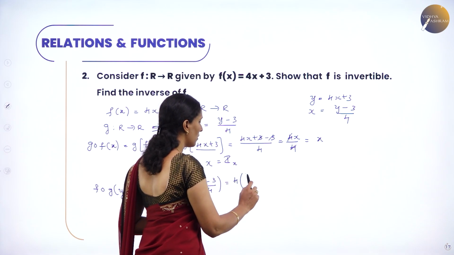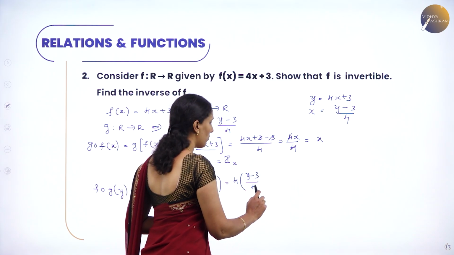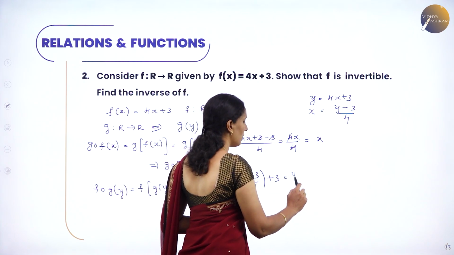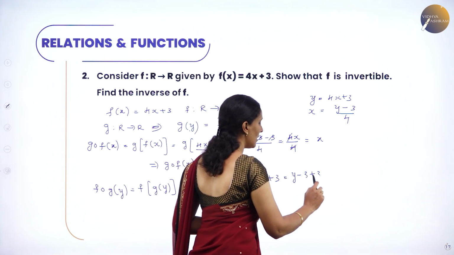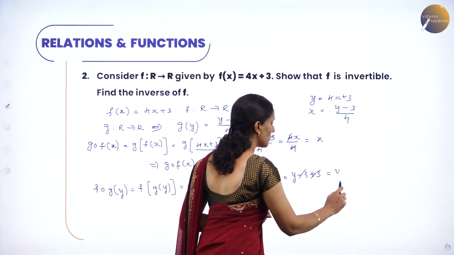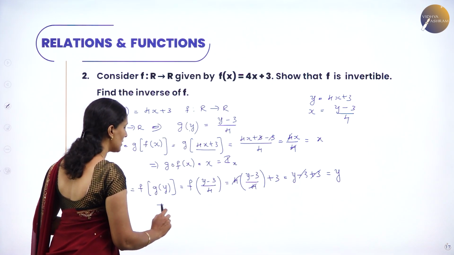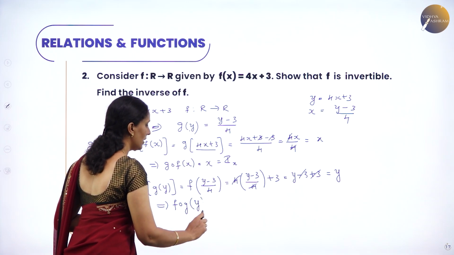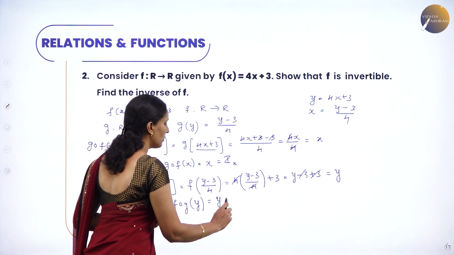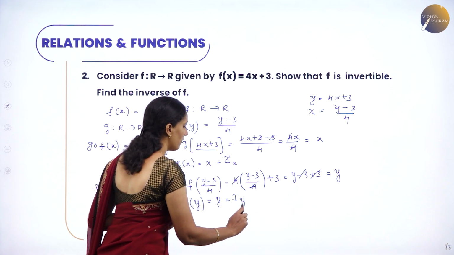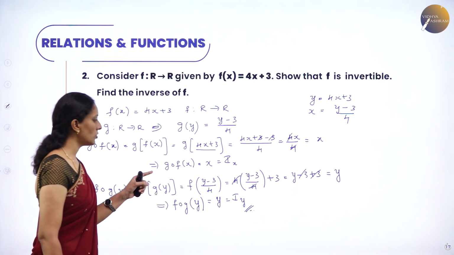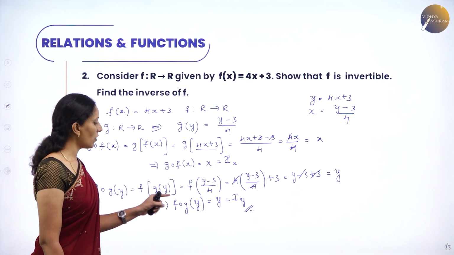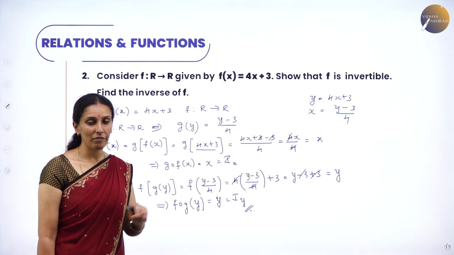We have 4 times y minus 3 by 4, plus 3. The 4 cancels. We have y minus 3 plus 3. Minus 3 plus 3 cancels. We got y. So this implies f naught g of y is equal to y, which is an identity function under y. So clearly we got g naught f of x as an identity function in x and f naught g of y as an identity function in y.